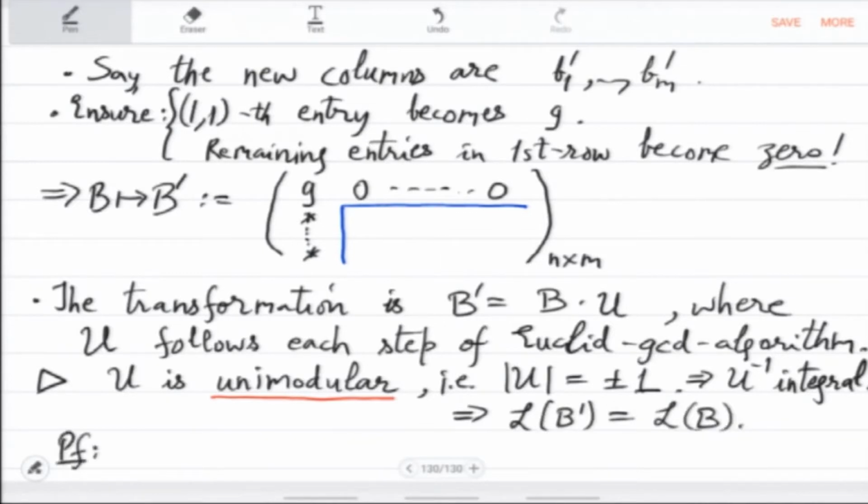So what is the proof idea? The proof is just that one step of Euclid GCD is a division step. So (a, b) goes to (a, b minus Qa), which is equal to (a, b) times the matrix with rows (1, 0) and (1, minus Q).